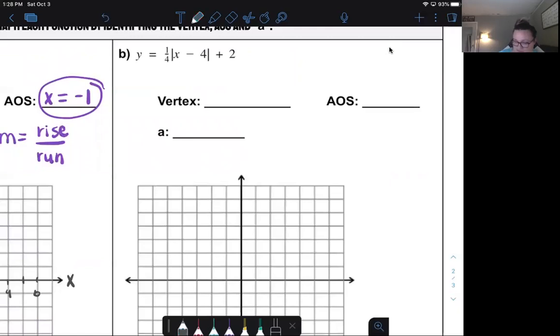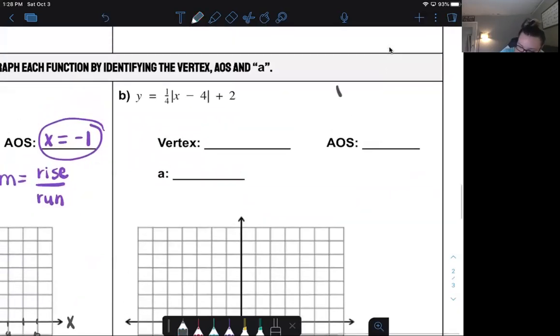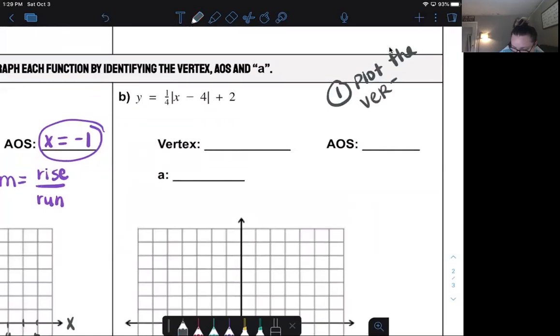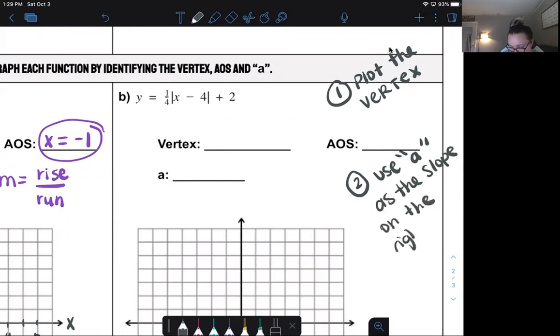We could even write those steps out real quick. So the first thing you're gonna do, plot the vertex. The second thing you're gonna do, use A as the slope on the right half of the graph.